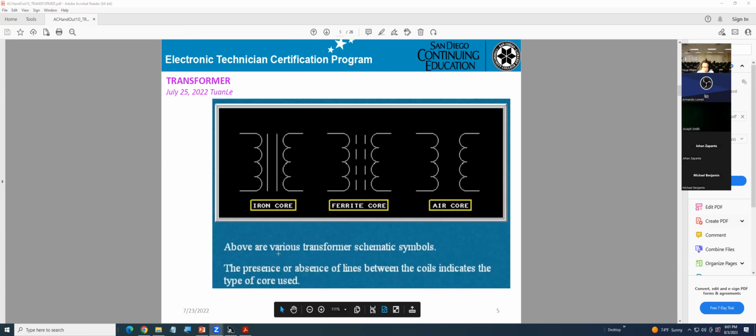Above are various transformer schematic symbols. The presence or absence of lines between the coils indicates the type of core used: iron core, ferrite core, air core.